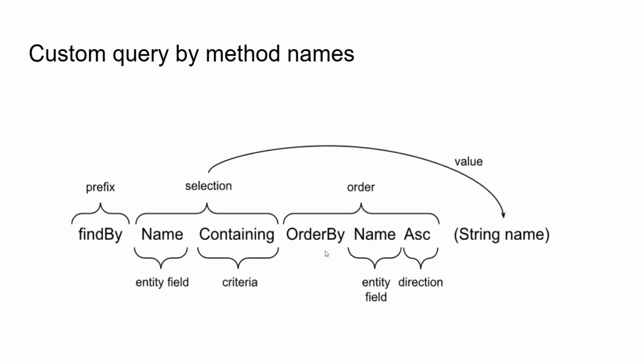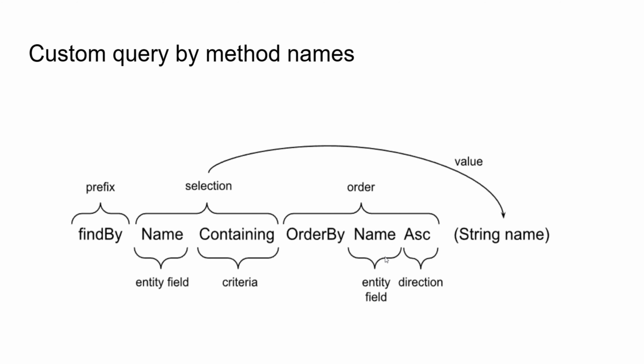And then we can add the order by to sort the list of data, sort with what field, and sort ascending or descending. And the string name here is the param we put into the method. We will do the sample to see the parameter name here.